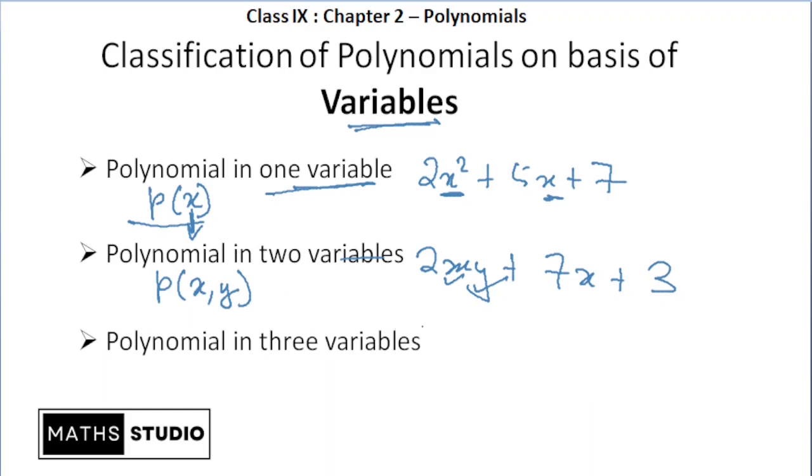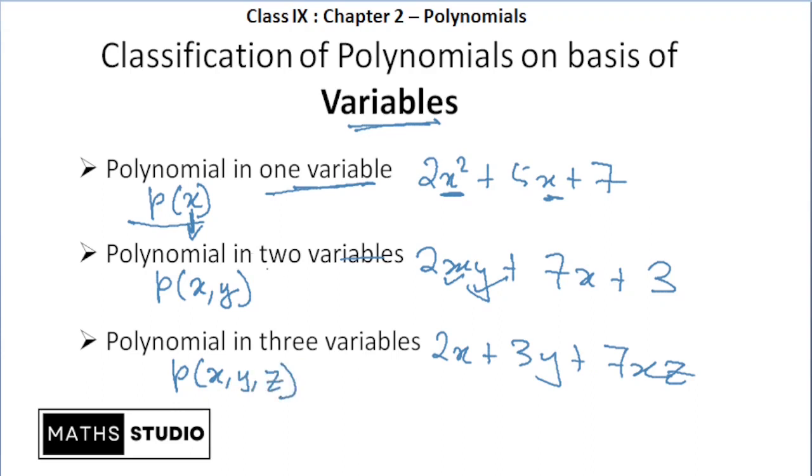And if there are three variables involved, suppose 2x plus 3y plus 7xz, the polynomial is dependent on three variables, x comma y comma z. Got it? So in class 9 chapter 2 we are going to study only polynomial in one variable. We are not going to study this one, we are not going to study this one.